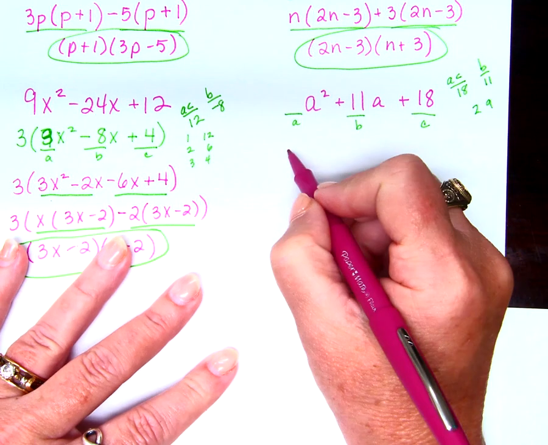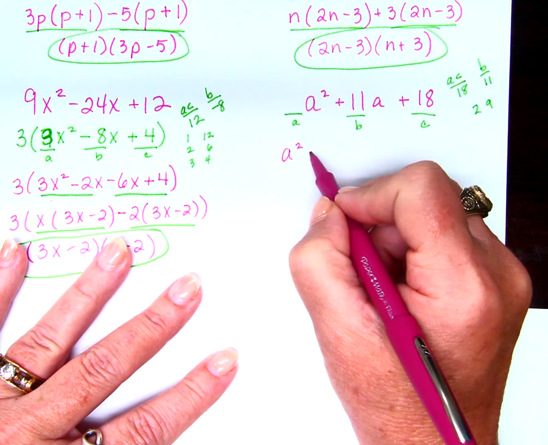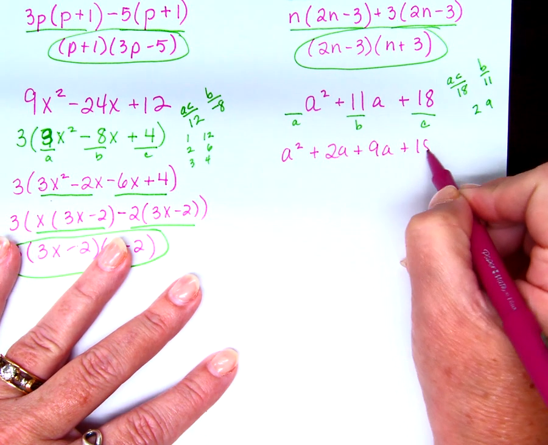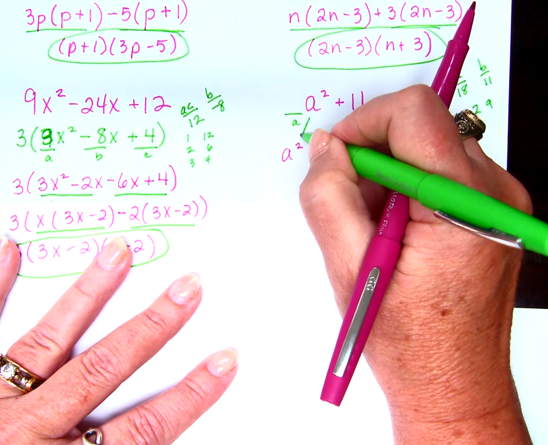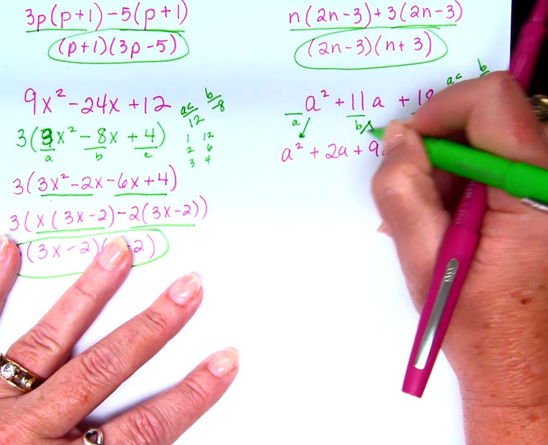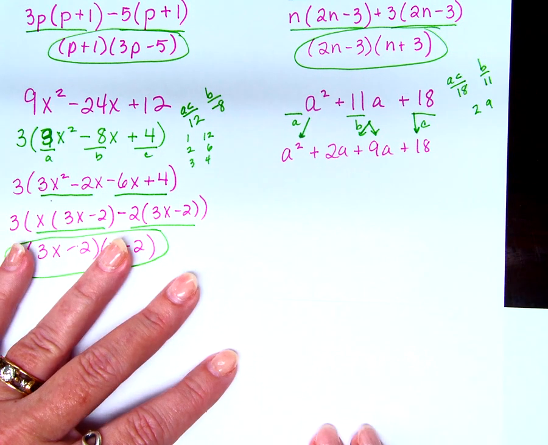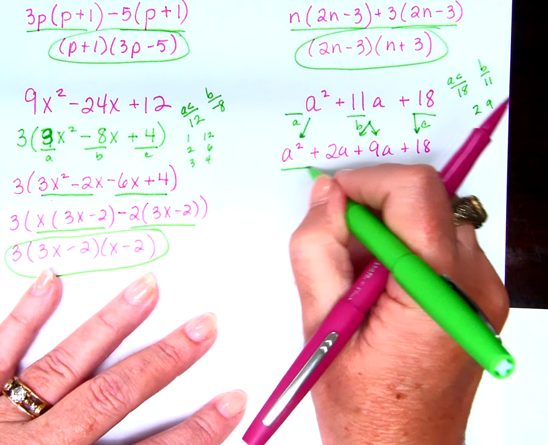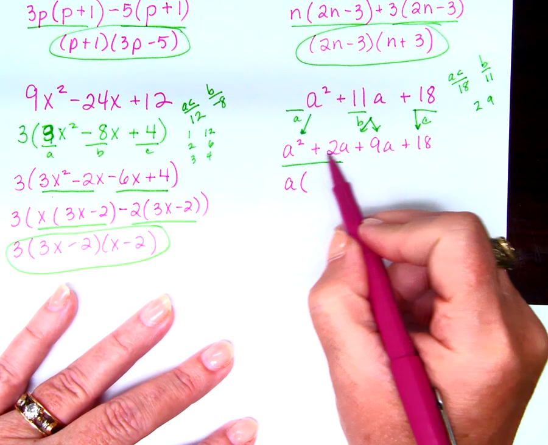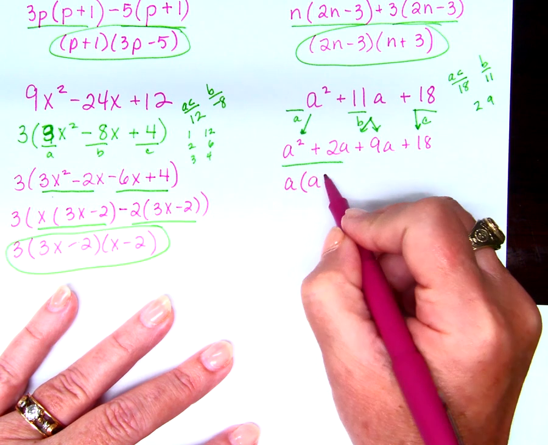So, a squared plus 2a plus 9a plus 18. Brought that one down, brought that one down, split this one into 2 parts. What's common in the first two terms? A. What's left if I divide out an A? A plus 2.